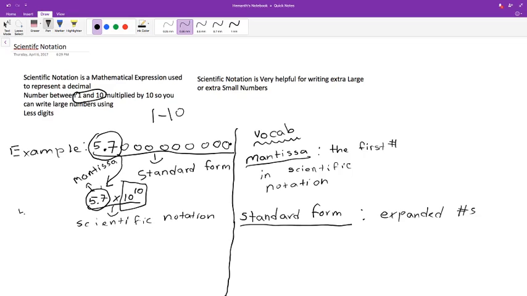On any number, like let's just take 57, there's always assumed to be a point right after it. On any number, if there's no decimal after it, it's always assumed to be there. So that's why the decimal point is here. Anyways, now we want to move the decimal point from here to here. How do we do that?